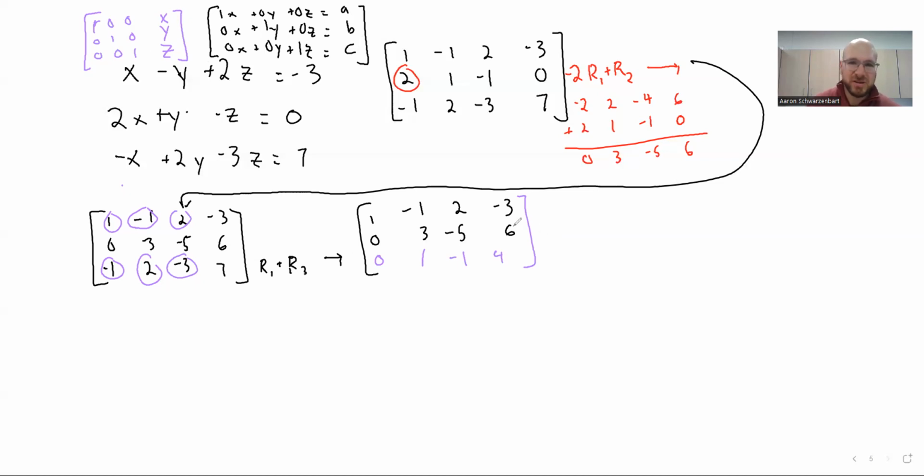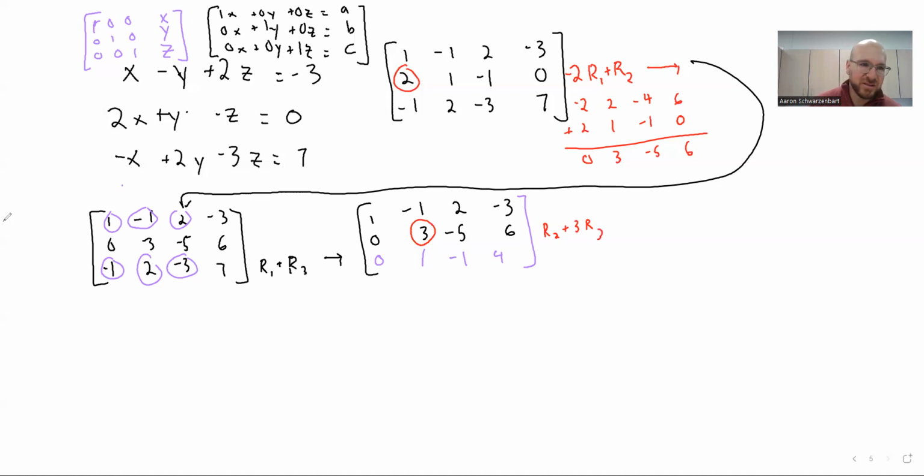So now I need to turn this value right here into a 1. To do that, I need to use rows 2 and 3 so that these stay at 0. So the first ones stay at 0. Okay, so I'm going to turn that into a 1 by R2 plus 3 R3.